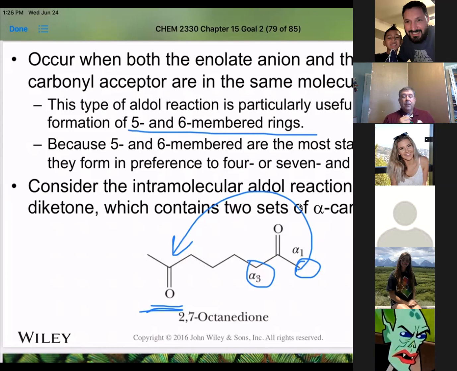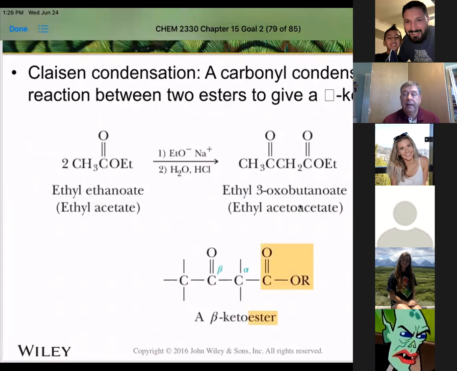Okay, so if the aldol condensation involves ketones and aldehydes and generates a beta keto alcohol, the Claisen involves esters. Okay, so aldol involves aldehydes and ketones. Claisen involves esters.